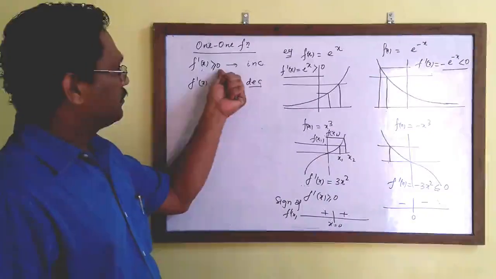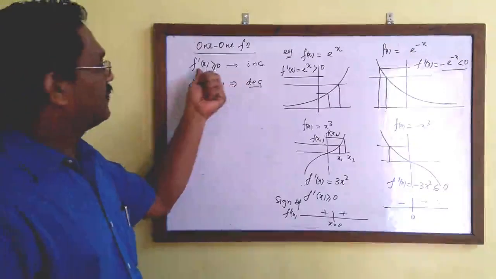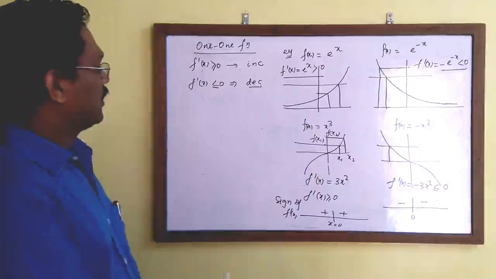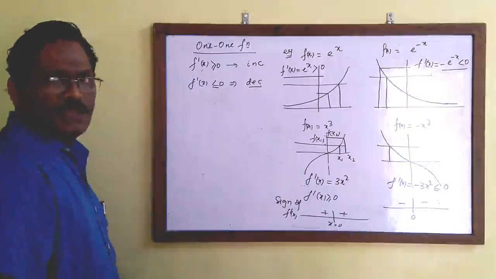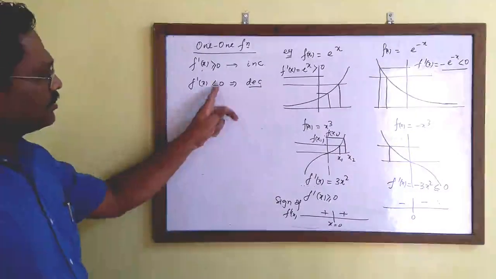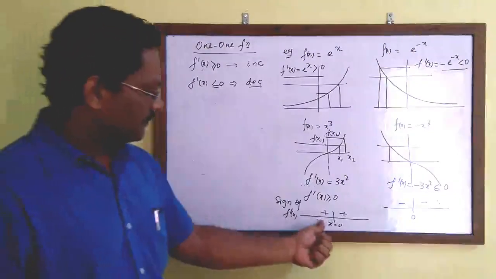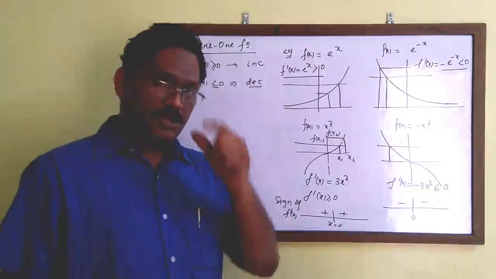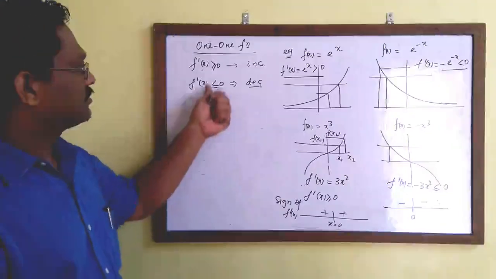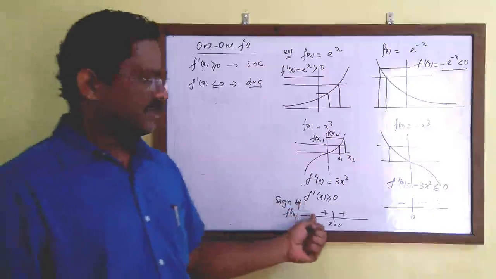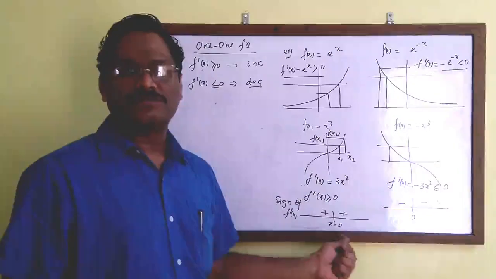So the correct criteria for a function to be increasing or decreasing is f dash x should be greater than or equal to 0 or f dash x should be less than or equal to 0, and equality should occur only at those points where the sign of f dash x does not change. So if you have a differentiable function satisfying this criteria, then in that particular interval the function is going to be a 1-1 function.